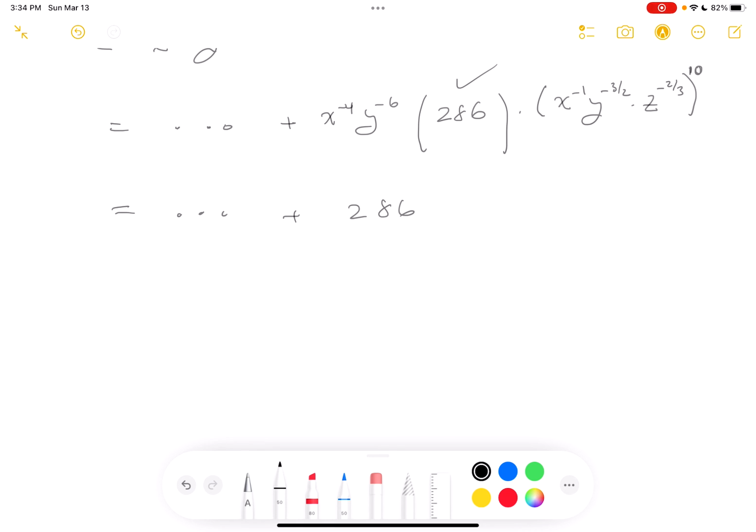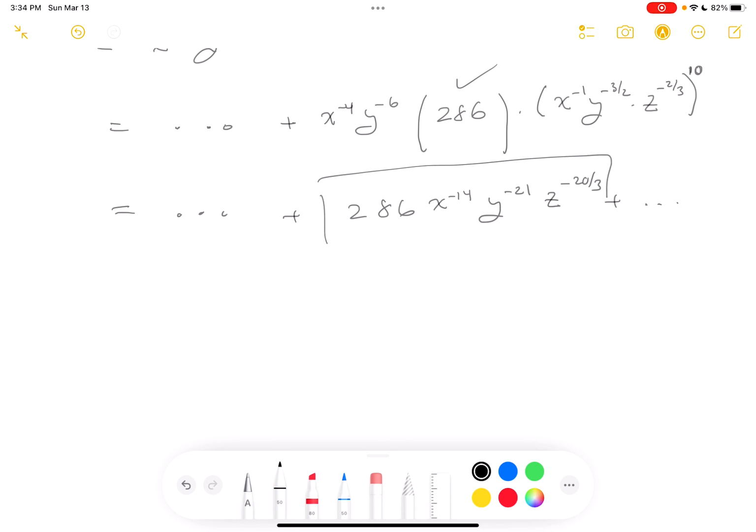So minus 10 minus 4 is minus 14. And then you're going to get the y's. Let's do that. So it's going to be minus 15 minus 6, minus 21. And then on the z's, you're going to get z to the minus 20 thirds. All right, this is the term.